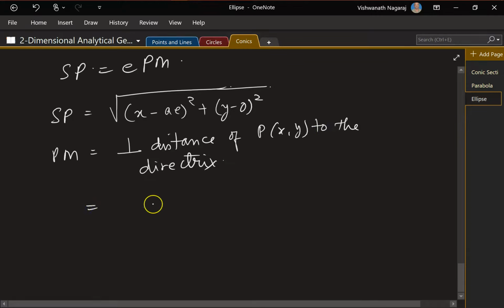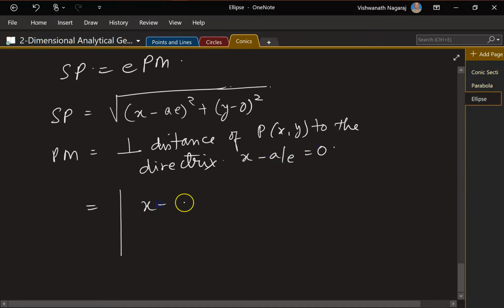For which we know how to find the perpendicular distance. Remember, the directrix equation is x minus A by E equal to 0.